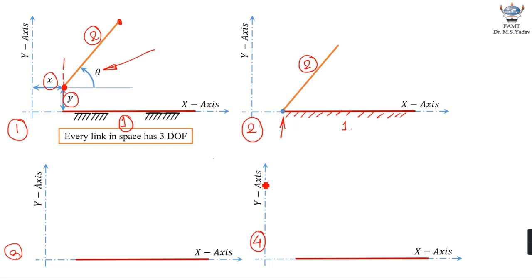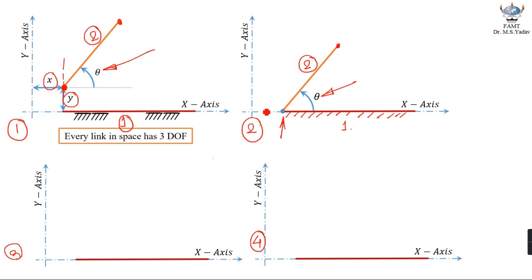After forming a turning pair, how many input parameters are now required to define position of link number 2 with respect to link number 1? You will notice you are not in need of x coordinate and y coordinate, you are only in need of this particular angle theta to determine position of link number 2 with respect to link number 1.